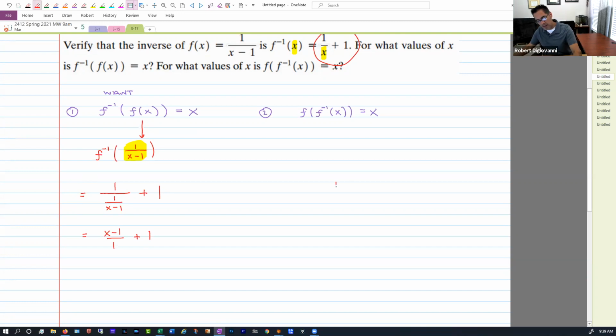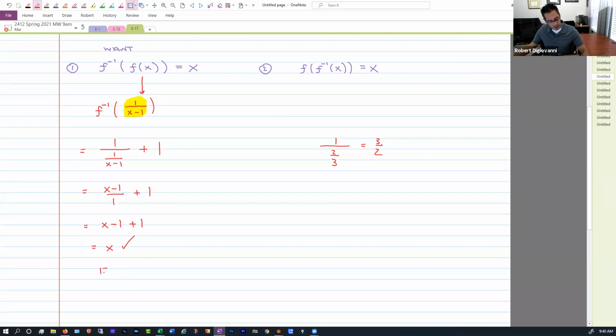So what I'm saying is if you have 1 over 2/3, this is the same as 3/2. Anytime you have 1 over a fraction, it just flips over. And then anything over 1 is itself. And then that's just x minus 1 plus 1, that's x. And that would be true if x is not equal to 1.